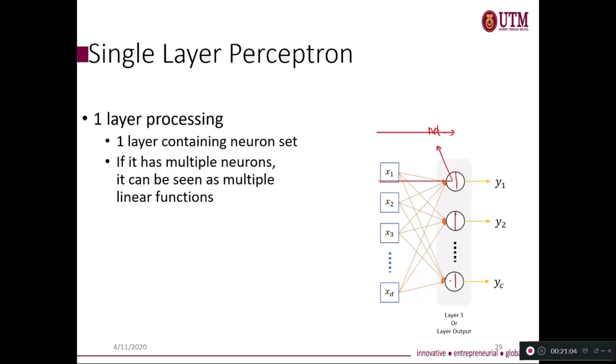Okay, you will have the net there, and then the net will go as an input to your activation function here. So the activation function, the input is net, and the output is O there.